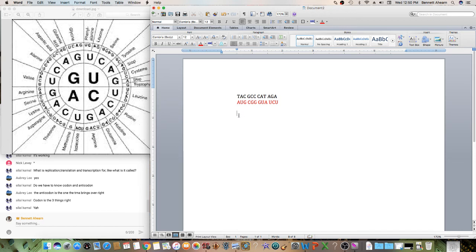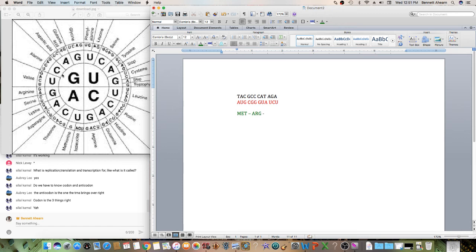So this is transcription that happens in the nucleus. Now let's do translation in a ribosome. AUG, if we use our amino acid wheel, A to U to G gives us MET. Remember, these always start with MET. So let's make this protein green here, MET. That's our first one. CGG, C to G is arginine. So let's write ARG. All right, this is the ribosome doing translation now. It's taking these amino acids, reading the mRNA strand to put them in the right order.